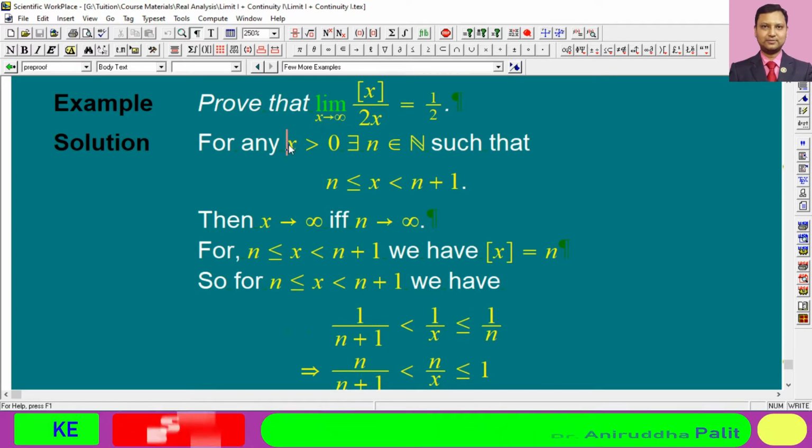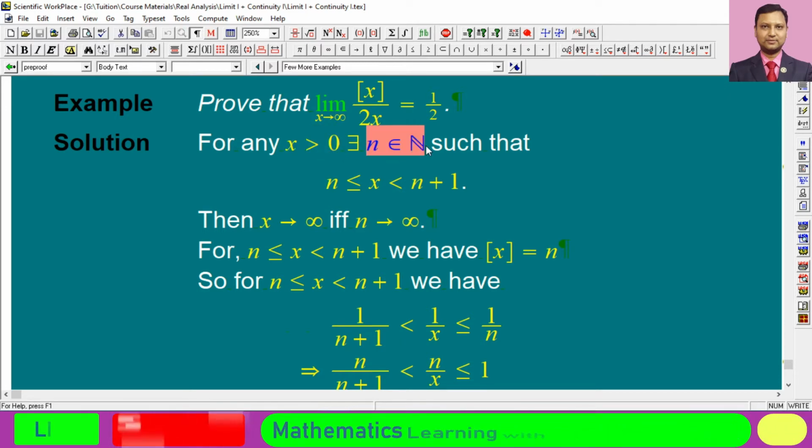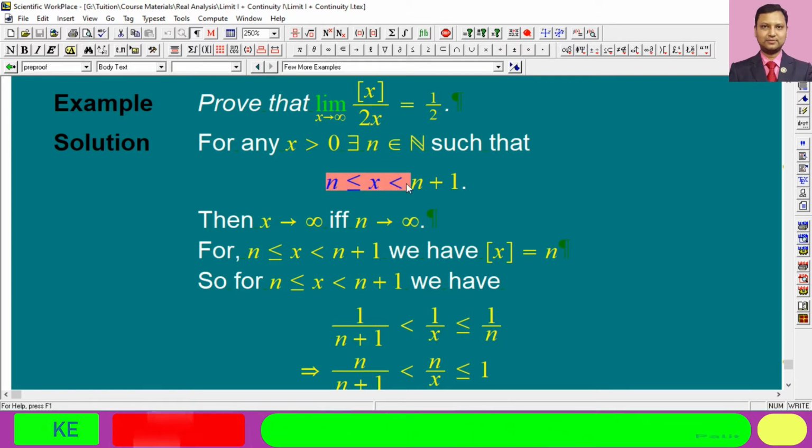Therefore we start with x greater than 0. Now if x is greater than 0, then we can always find a natural number n such that n is less than or equal to x, which is less than n plus 1.